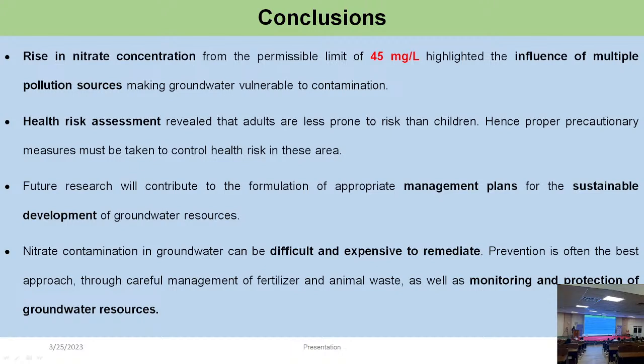The health risk assessment revealed that adults are less prone to risk than children, because hazard quotient values greater than 1 are found at more sites for children. So that's why we have to control that health risk in these areas, and future research will contribute to the formulation of appropriate management plans for the sustainable development of groundwater resources.